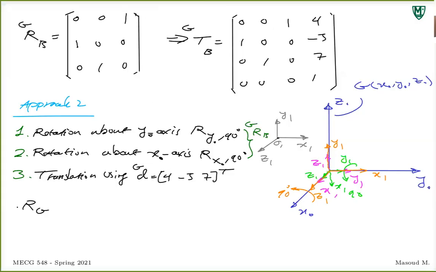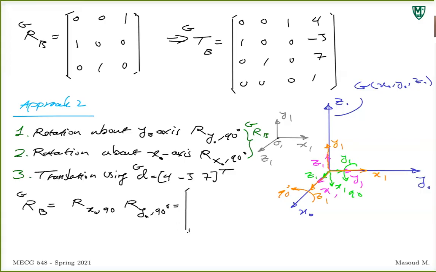So your rotation from B to G is, the second one comes first, so you're going to get Rx naught 90 degrees multiplied by Ry naught 90 degrees. You write the rotation matrix for that.